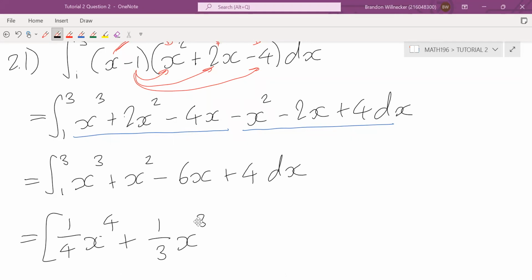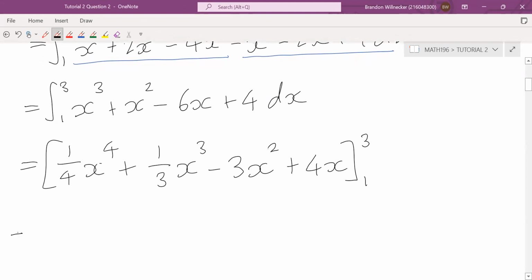For the next one, we add 1 to the exponent to make it 2, divide by 2, so we're going to get minus 3x squared. And then for the last one, we just have 4. The antiderivative of 4 is going to be 4x. So we have plus 4x. And then this is evaluated from 1 to 3.